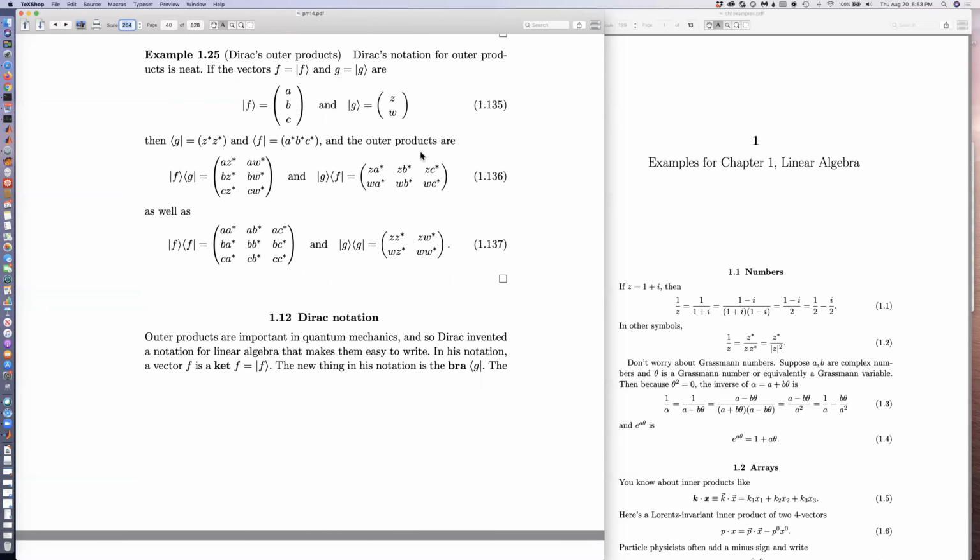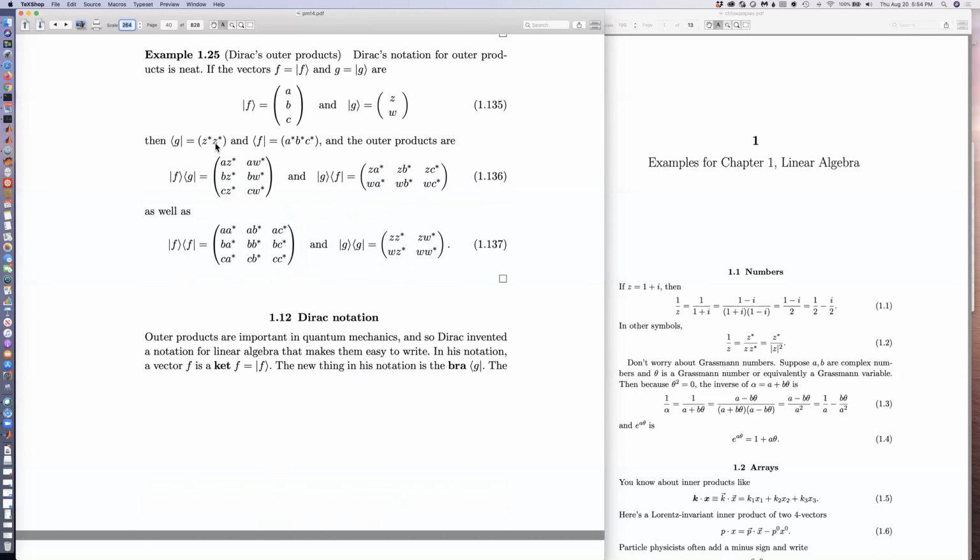Dirac's notation for outer products is neat. Column vectors look like this. So the column vector ABC is represented as an abstract vector F, and ZW as a vector G. And the complex conjugate thereof, oh, there's a mistake.